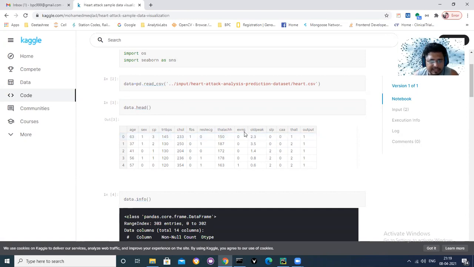EXNG, we don't know what it is. So there has to be meta information about this information. This information in itself is in a raw format. We are thinking this is beats per second, but TRT beats per second, what is that?